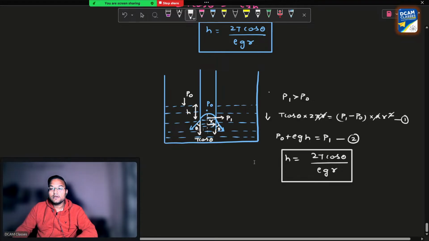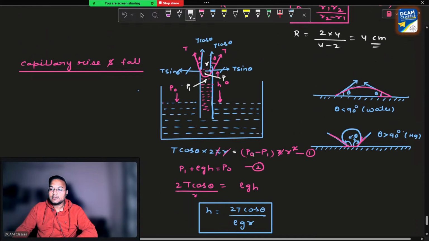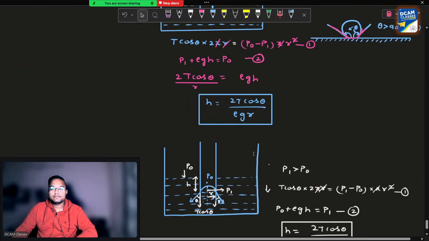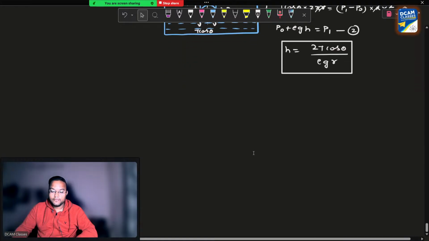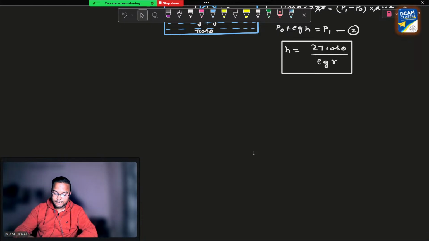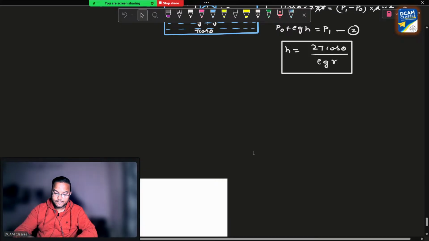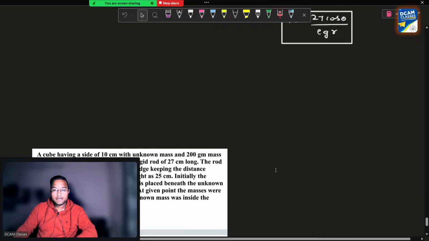Capillary rise and fall. How to calculate the height? Formula will be same, but the concept is different. Why it falls and why it rises. Try to solve this question.